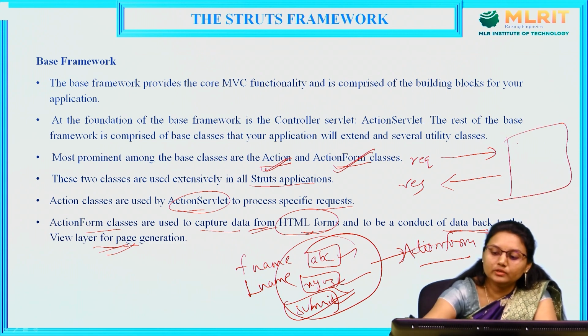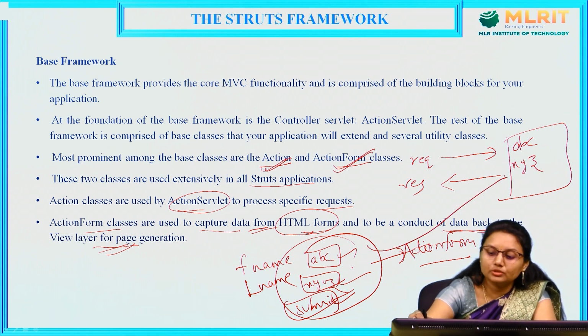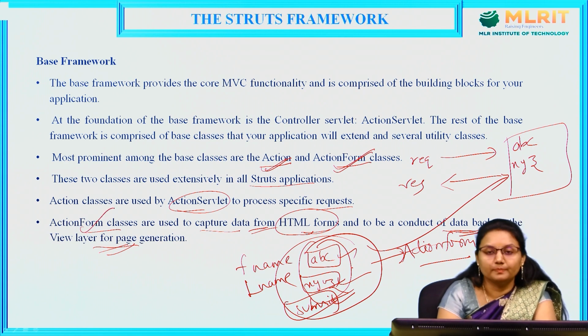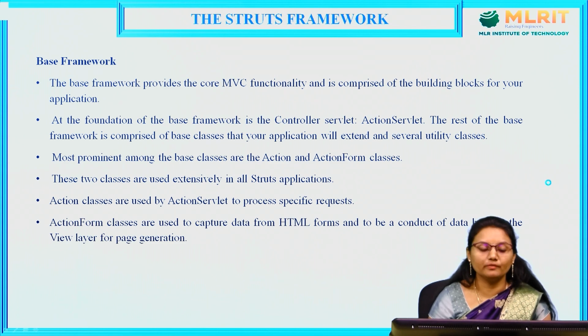Then I need to get ABC and XYZ as first name and last name. So from the input page to the output page, this data has to be extracted and sent. For that you need this ActionForm, and then this page will get generated. That is the use of the base framework.